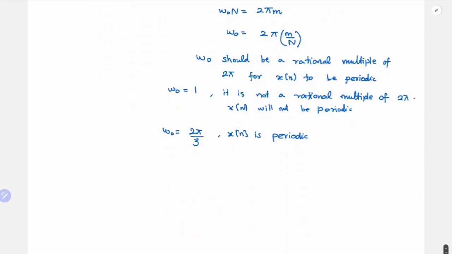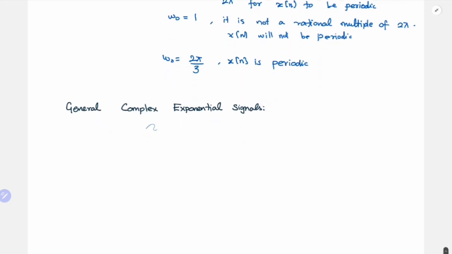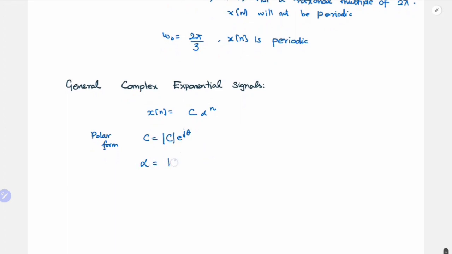So let us take a look at the general complex exponential signals now, having both the real part and imaginary part. So my x of n was given by c alpha power n, right? I can in polar form write c as mod c e power j theta, and alpha I can write as mod alpha e power j omega naught.